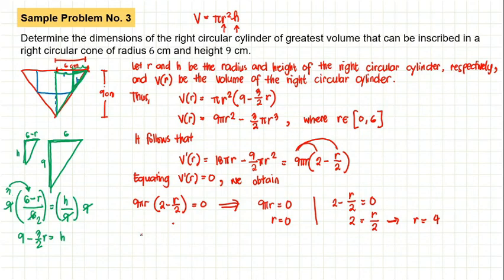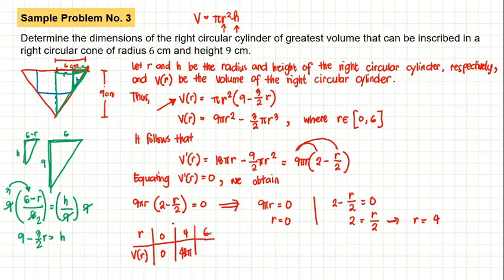Okay? So comparing the values now, we have r and V of r. So we will have 0, 4, and 6, right? When r is 0, you substitute it in our original function, so you will have 0. Then substitute 4 to r, you will get 48 pi.